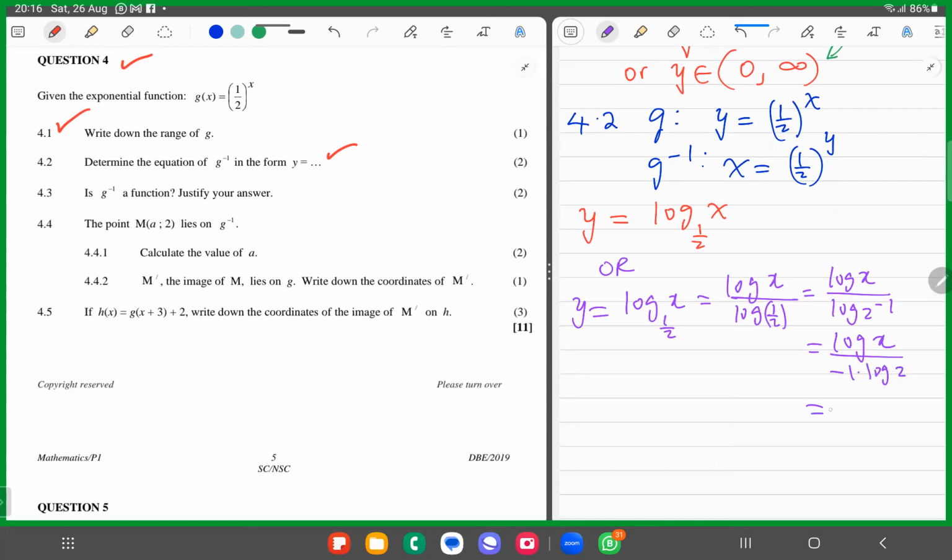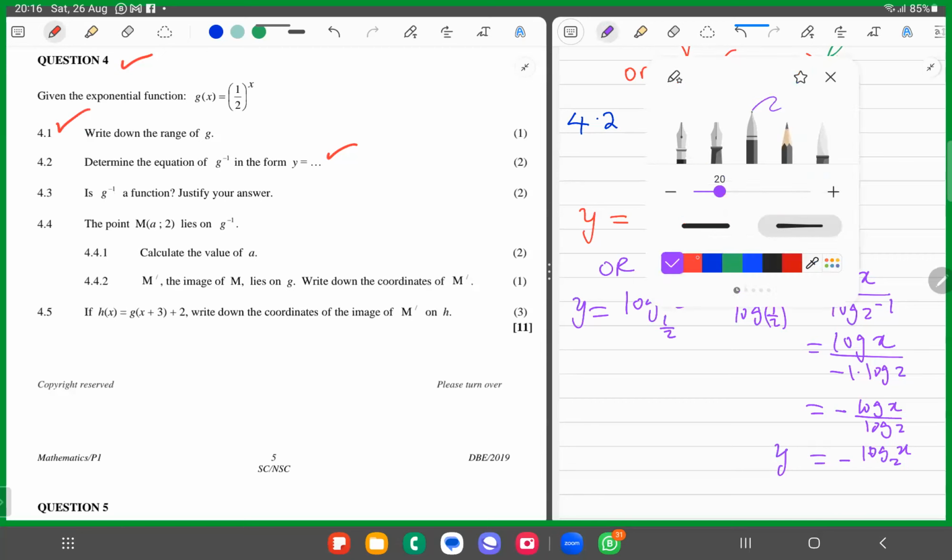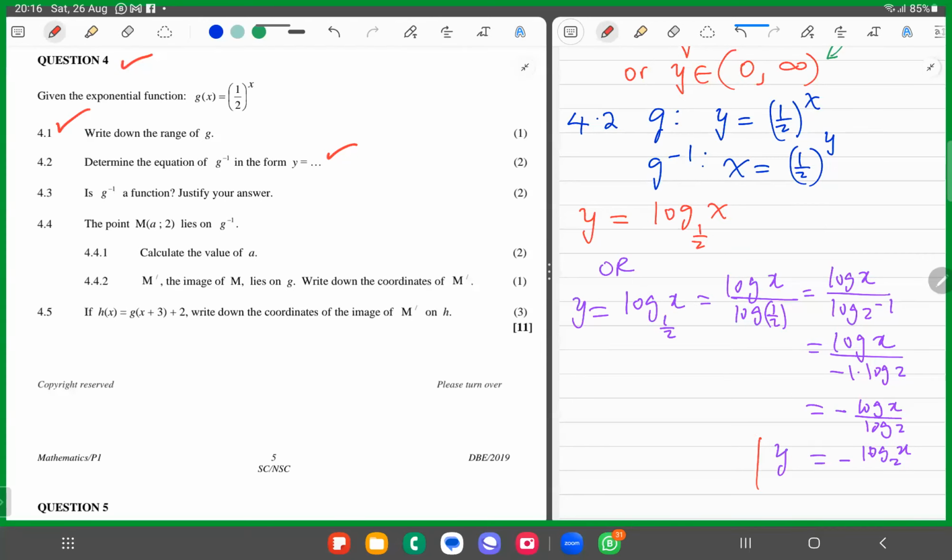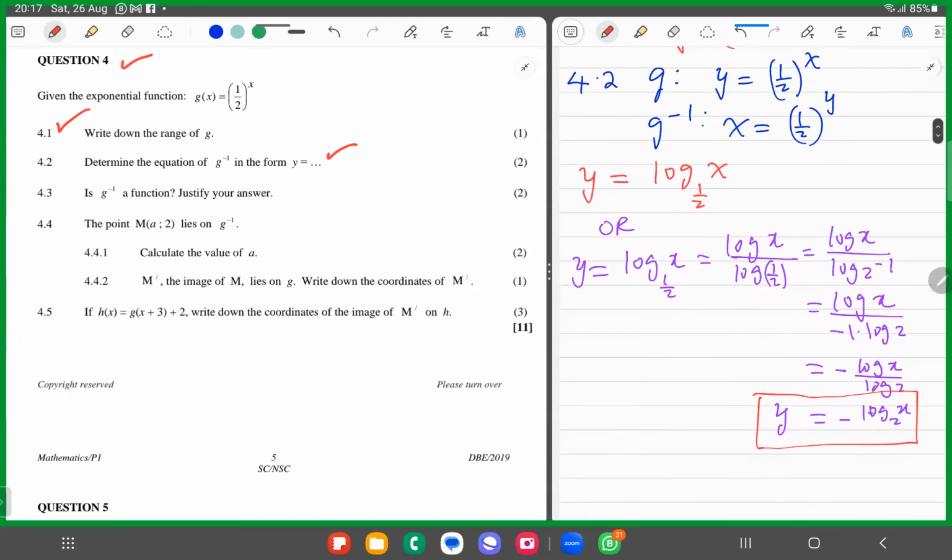In which case this can be written as minus the log of x divided by the logarithm of 2, which is the logarithm of x base 2. Now this is it: y equals the logarithm of x base 2.